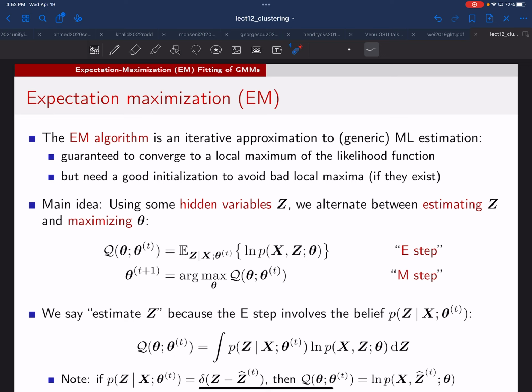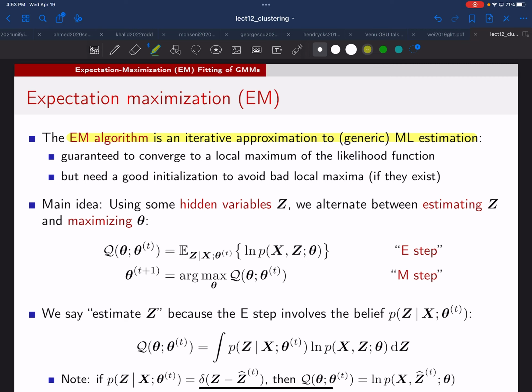First of all, at the highest level, what is this EM algorithm? It's an iterative approximation to generic maximum likelihood estimation. Anytime you're doing maximum likelihood estimation, the EM algorithm is always one possibility that you can use. Gradient descent is another, but EM is usually much faster and more efficient. It is more complicated, so there's that burden.